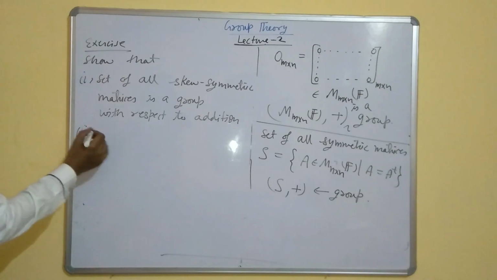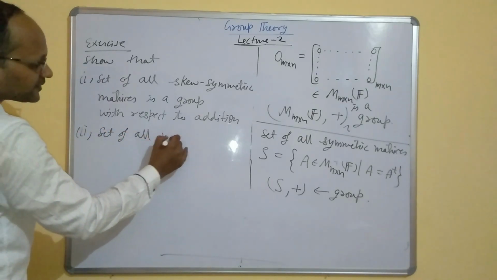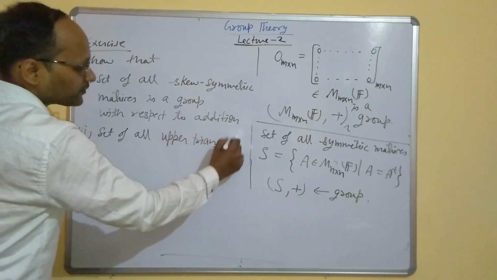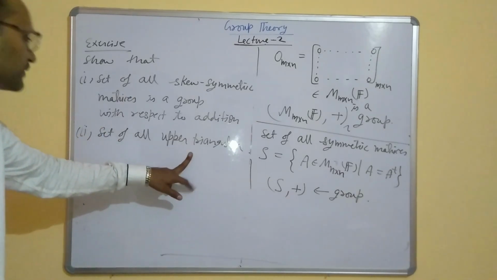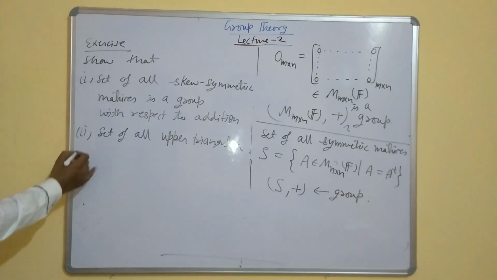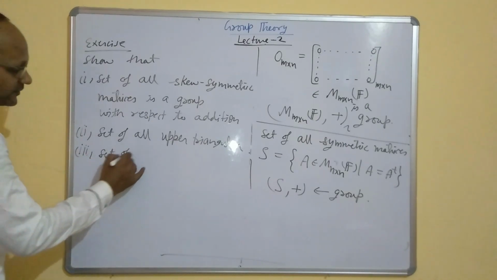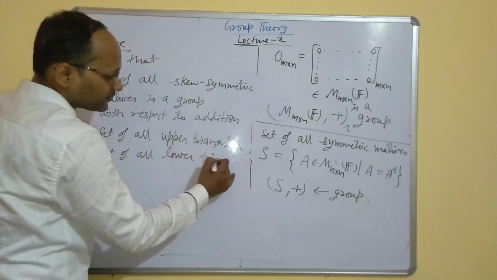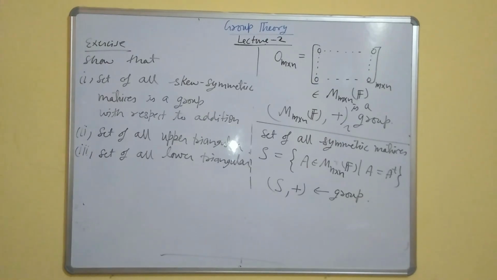Similarly, you can show that the set of all upper triangular matrices is a group with respect to addition of matrices. Third, the set of all lower triangular matrices is also a group with respect to addition of matrices.